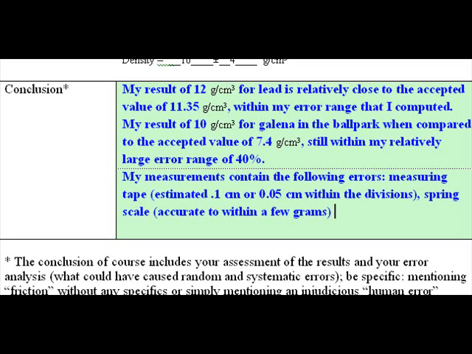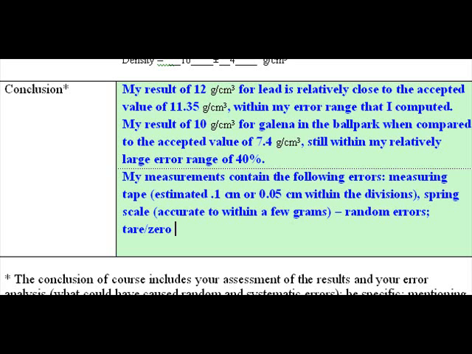And by the way, each one of these two here are actually random errors. Then I could say, well, what if I didn't tare my spring scale correctly? That means the original way of zeroing it. So the word would be to tare or zero the spring scale correctly, which is a systematic error.